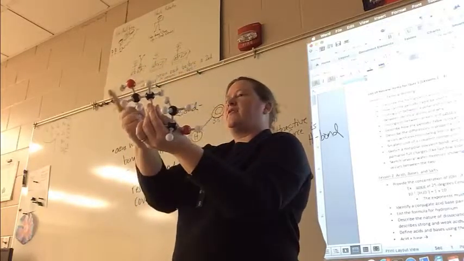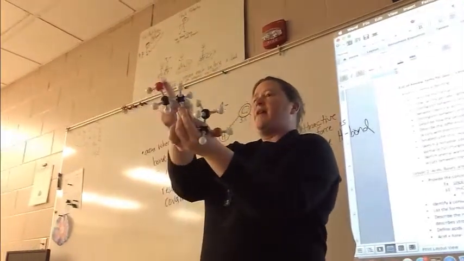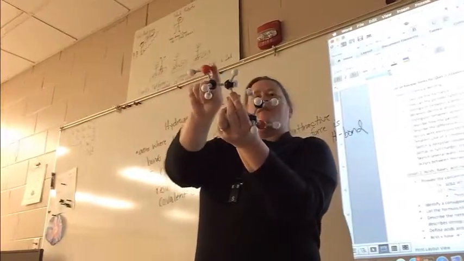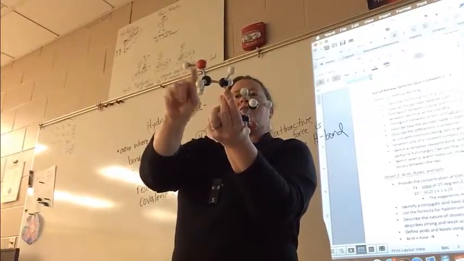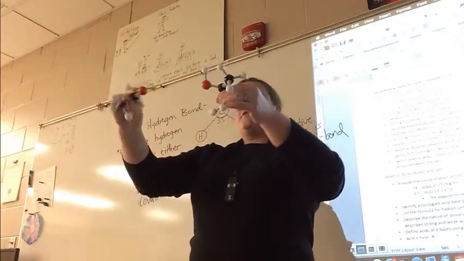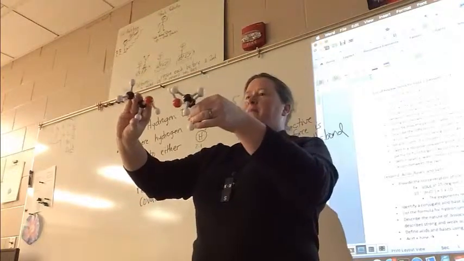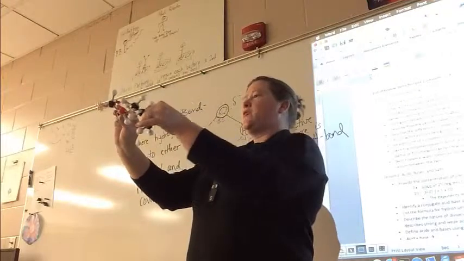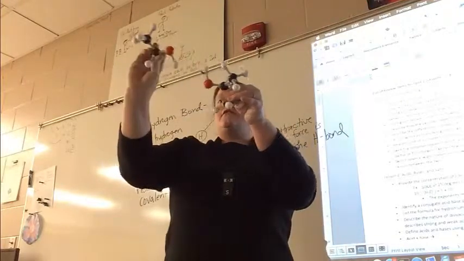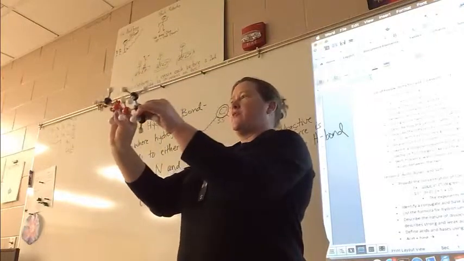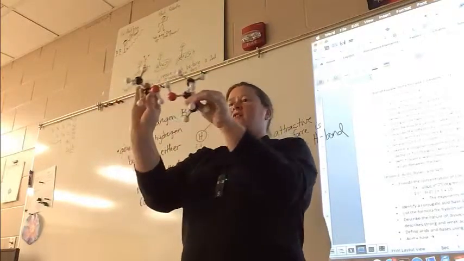We have this hydrogen right here bonded to the oxygen, which makes this part of the molecule slightly negative and this part slightly positive. So between these molecules, the slightly positive end can have an attractive force with this slightly negative end. In between these two molecules, there's hydrogen bonding that takes place too.